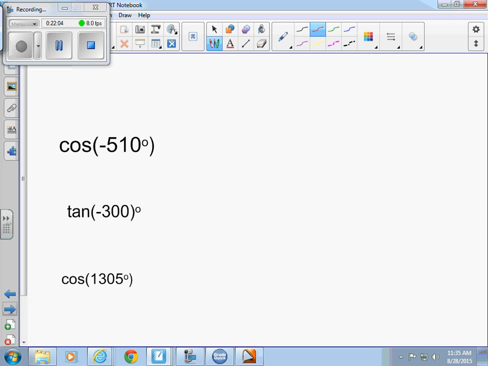Okay, let's go to the next one. What are our options for doing the next one? I can either go the negative direction, or I can add 360 a couple of times. It's up to you how you do that.